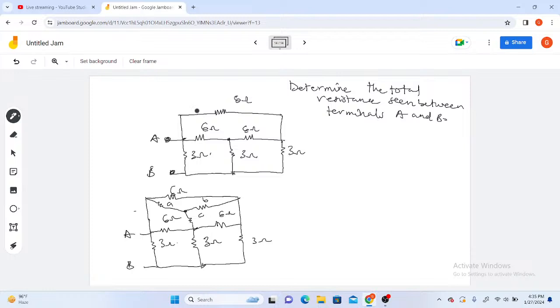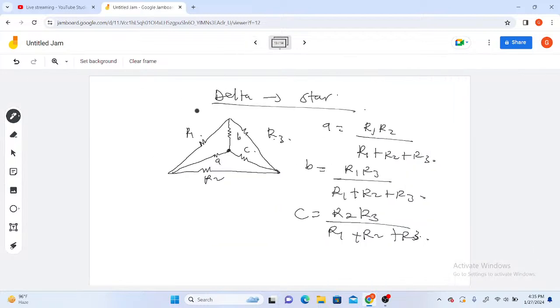So this is the first conversion of this system into what? Delta. Let's find the values of A, B, C. To find the values of A here, I told you that from delta to star, what do we do? Let's go back. You multiply the two resistors which A is between, over the sum of the three resistors.